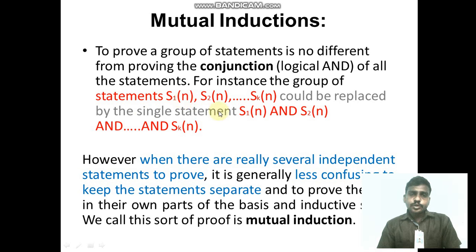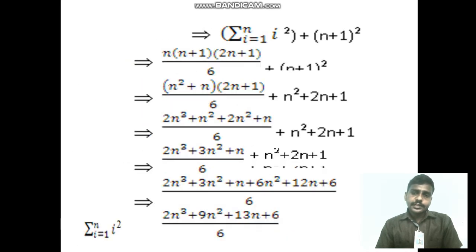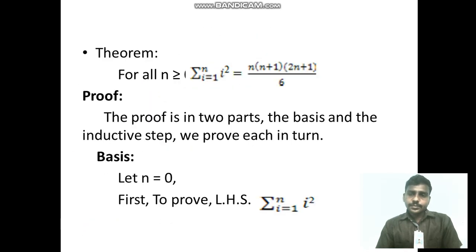When there are several independent statements to prove, it is generally less confusing to keep the statements separate. So they are mutually inducted, and it forms a common statement, that is mutual induction. Remember, here we are using the logical AND conjunction, for structural induction we are using trees, and for induction on integers we are using mathematical induction.